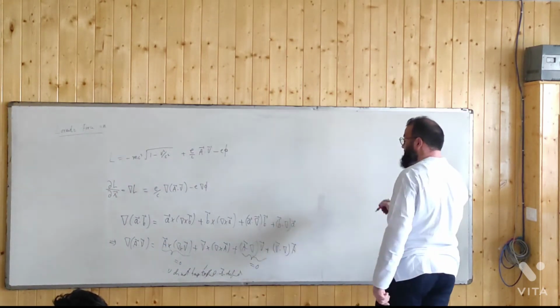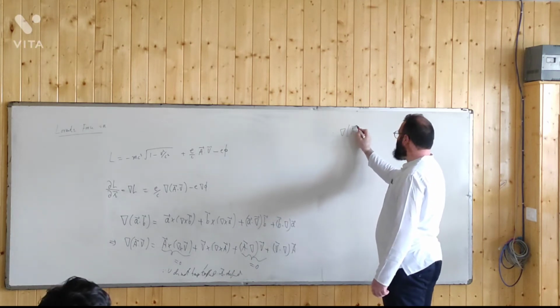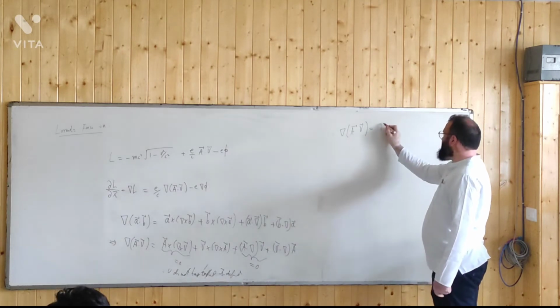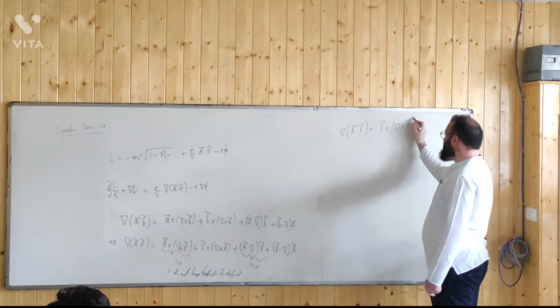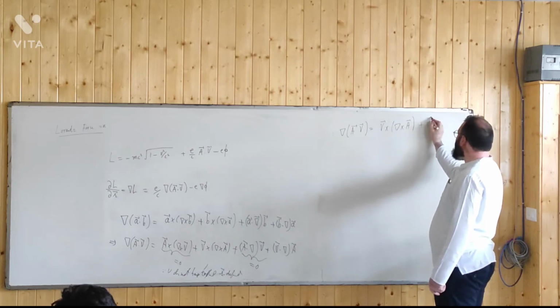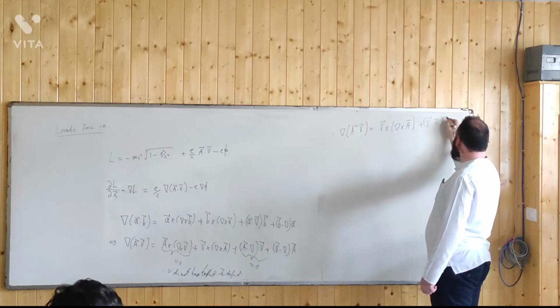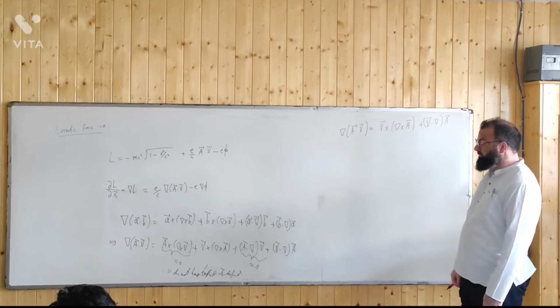Therefore we can write the gradient of A dot V is equal to V cross curl of A, plus V dot del acting on A. Clear?